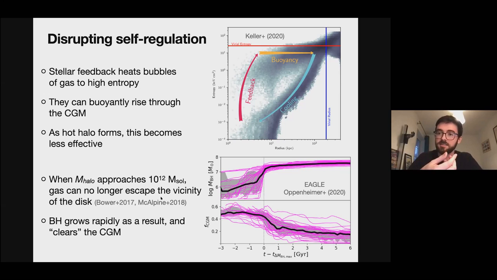And so all this gas has to do something, and it eventually fuels the rapid growth of the central black hole in the system. And of course, when a black hole grows rapidly, it has to inject AGN feedback.